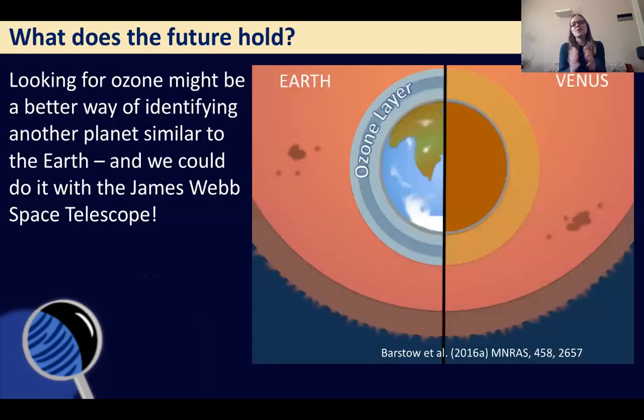So after K2-18b, what does the future hold? Well, K2-18b was particularly impressive because it means that for the first time, we're getting to the point where we can detect absorption from molecules in the atmosphere of planets that are really quite small. And that means we're getting closer and closer to actually detecting something in the atmosphere of an Earth-sized planet.